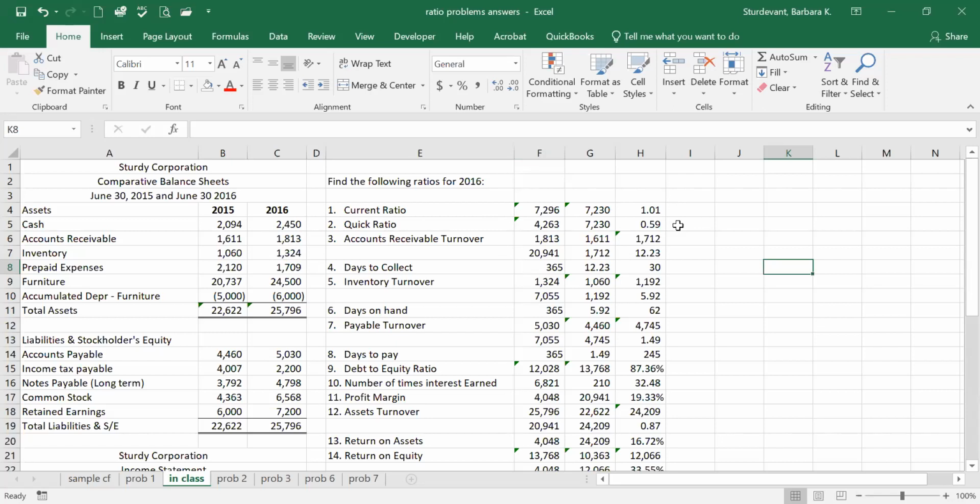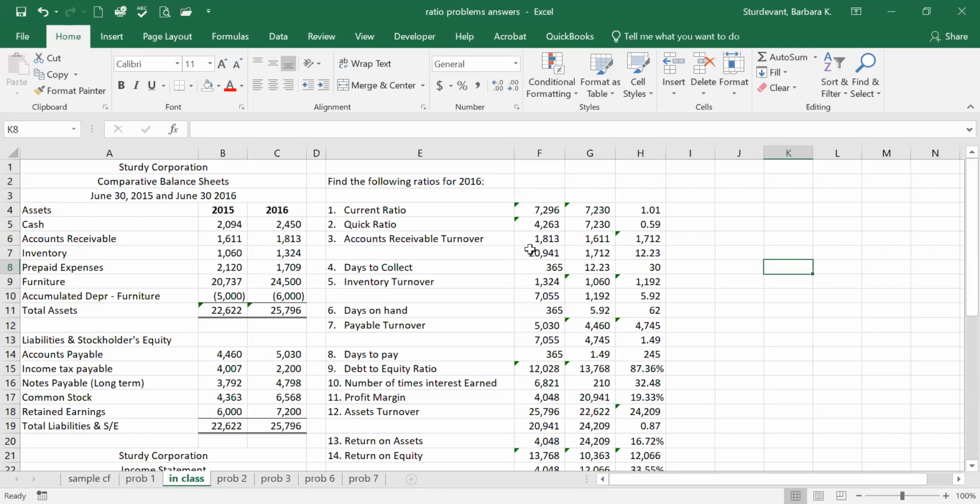Okay, on I go. So accounts receivable turnover. So basically what we're looking for, how quickly do we collect our accounts receivable? How quickly do we collect?